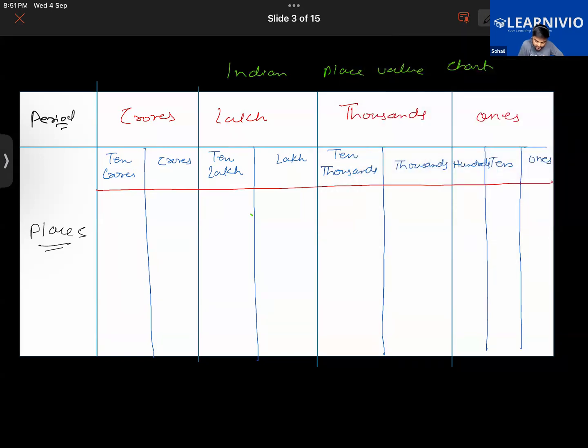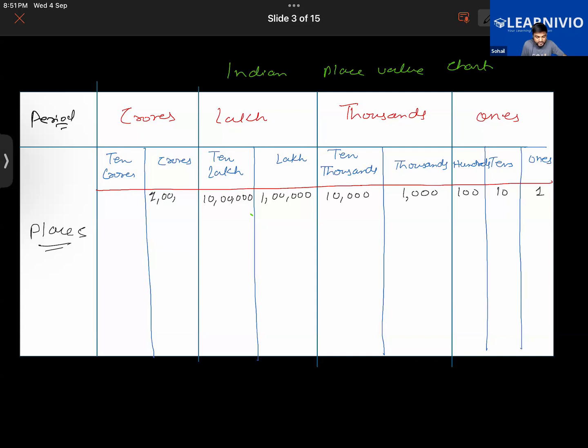So this is ones, tens, 100, 1,000, and we put a comma over here. Then you have 10,000, and this is 1 lakh, and that is 10 lakh. Then that is going to be 1 crore.